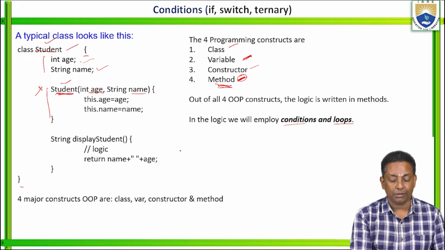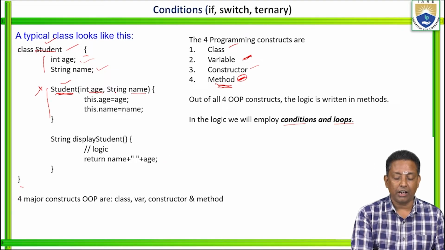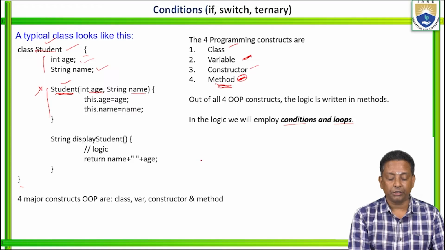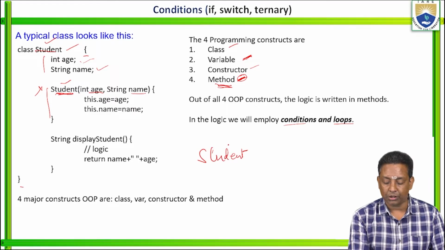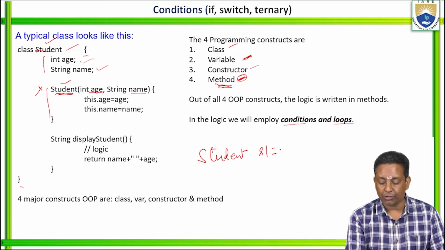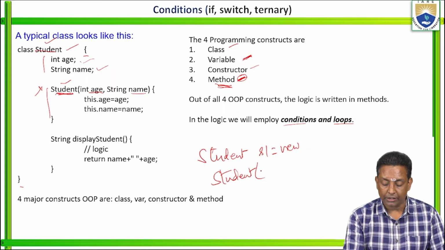From outside, if somebody passes student age and name as arguments into the Student class constructor while creating a student object, for example s1 is equal to new Student, the first argument is age, for example 21 years, and student name ABC.